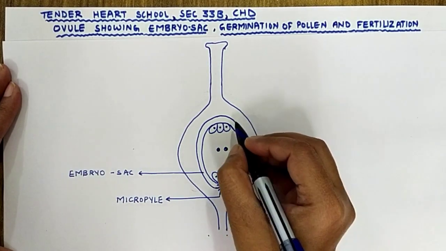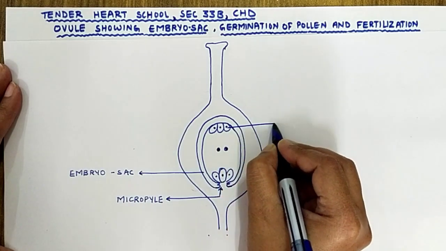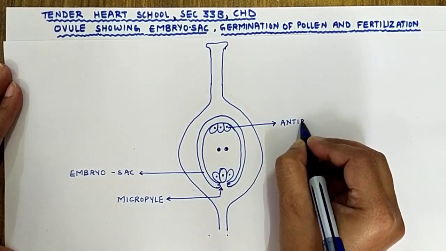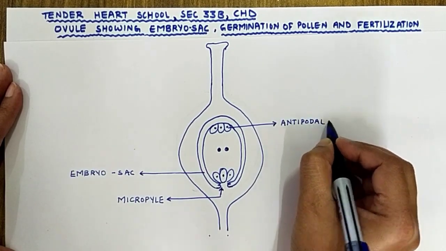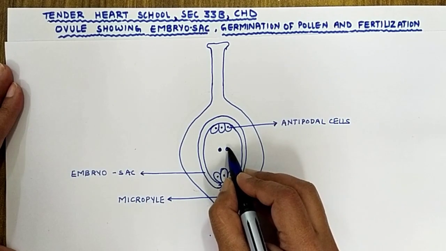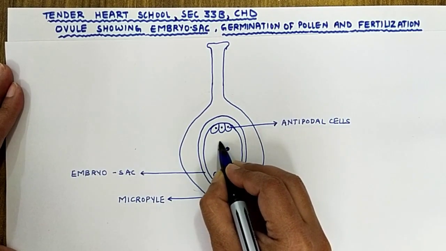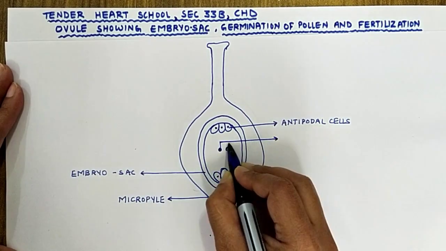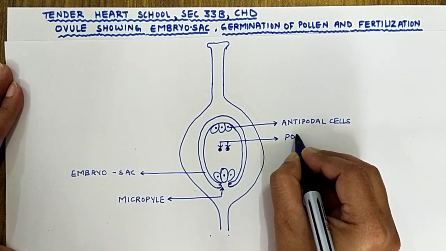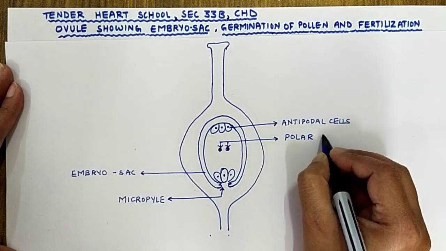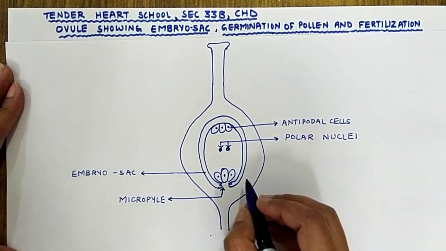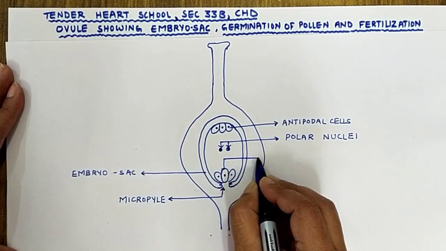So let us label these. These are antipodal cells. These two are the polar nuclei. And this one is the egg cell.